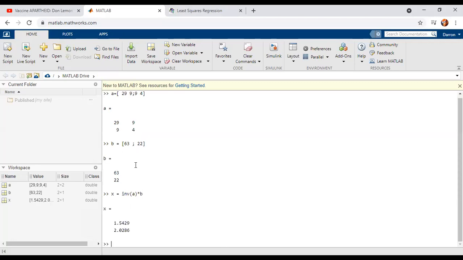So, okay, my equation for the best straight line is y equals 1.5429x plus 2.0286.